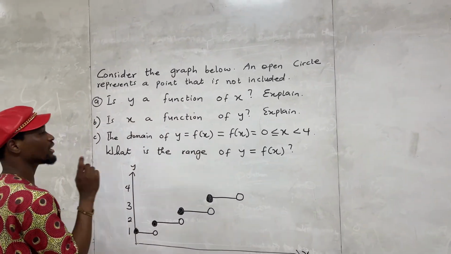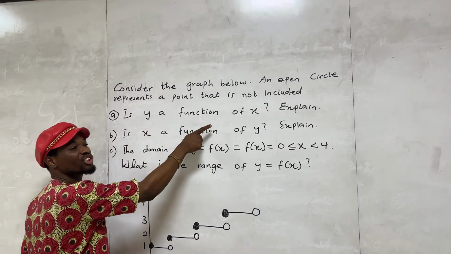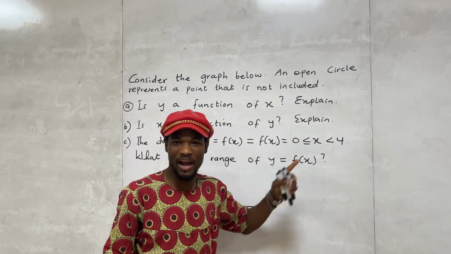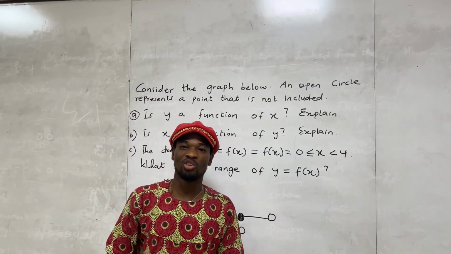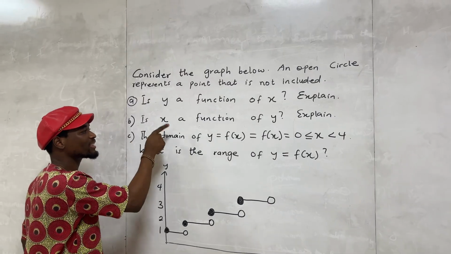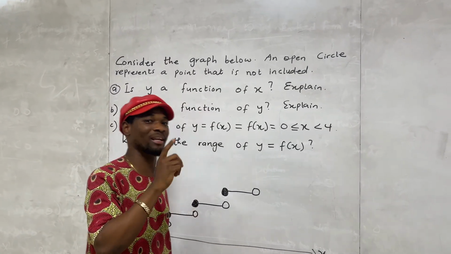Now the question says: A, is y a function of x? If yes, explain. If no, explain. So you can't give an answer and go scot-free. B, is x a function of y? If yes, explain. If no, explain.